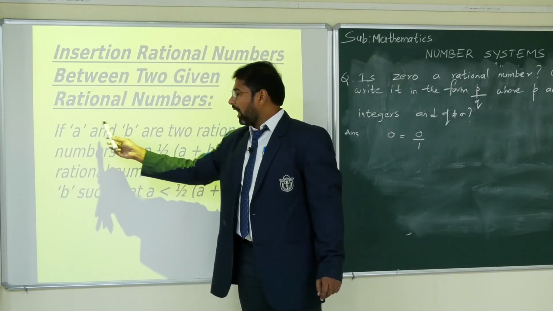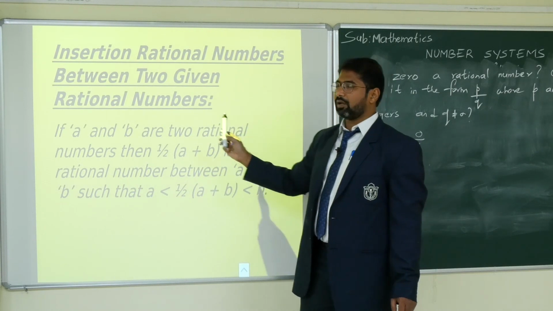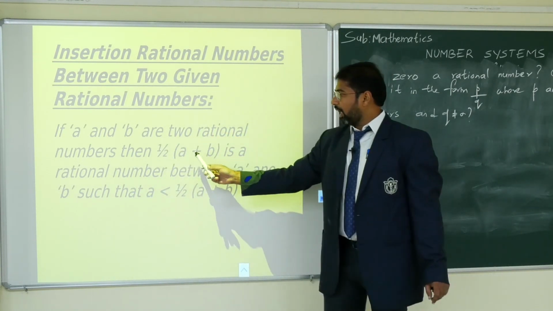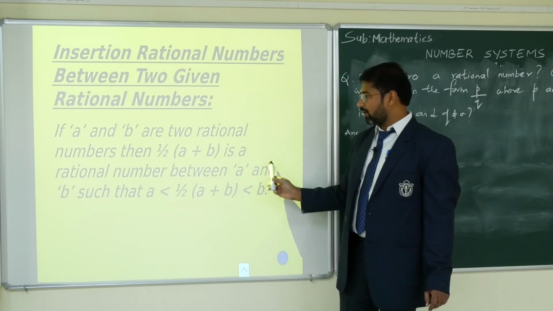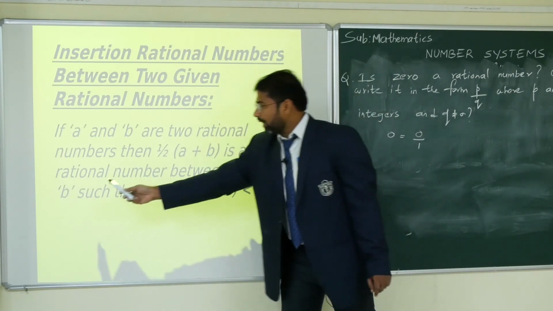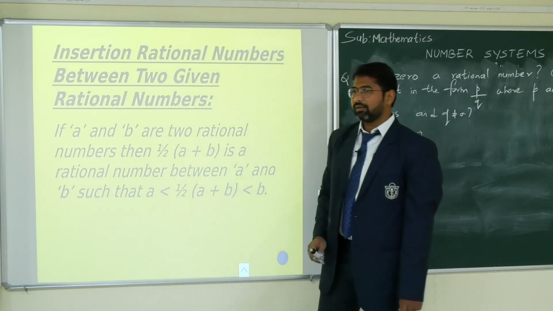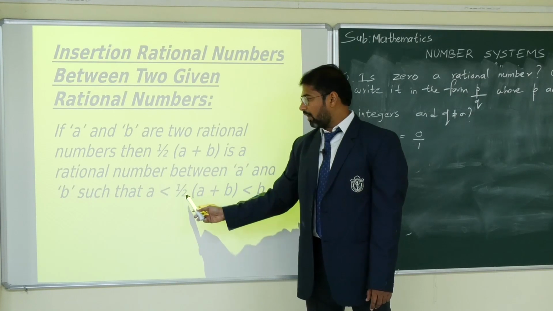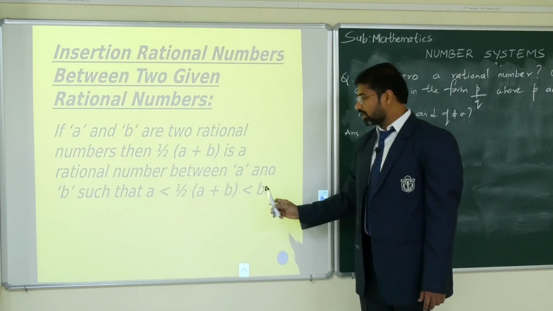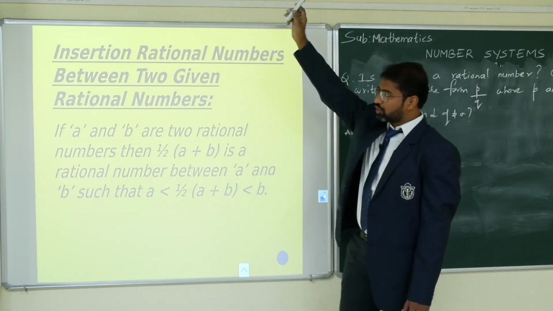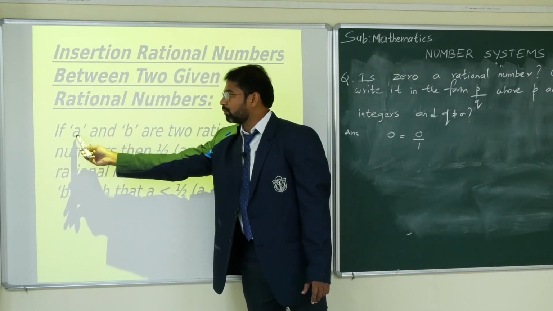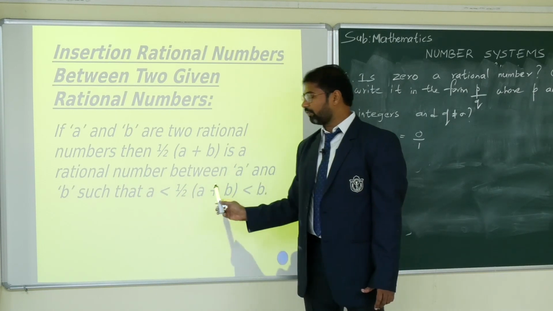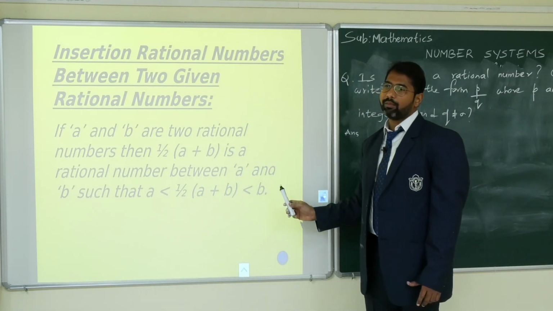If a and b are two rational numbers, then half of (a plus b) is a rational number between a and b, such that a is smaller than half of (a plus b), which is smaller than b.